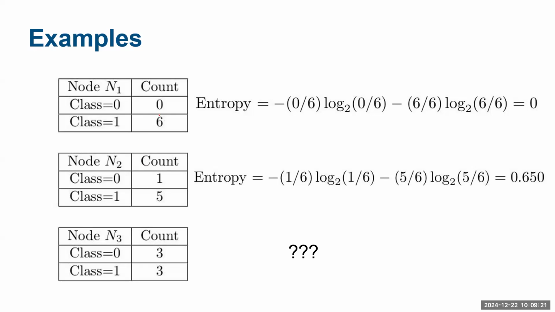If I have 0 and 6, my P0 is 0, my P1 is 1. So this is a perfect scenario, every data is in class 1. When I do the calculation, P0 is just 0. Log of 0 is, what is log 0?